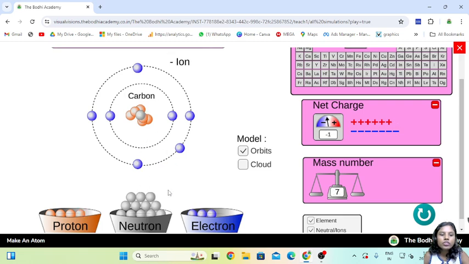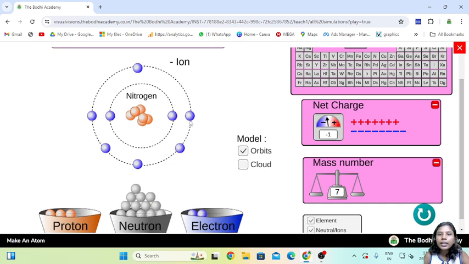Now we'll try changing the electron count. Say I remove one electron. Any neutral atom, see now this had 1, 2, 3, 4, 5, 6, 7, so 7 electrons, therefore nitrogen is neutral with that many electrons. The minute you remove an electron or add an electron, it becomes an ion.